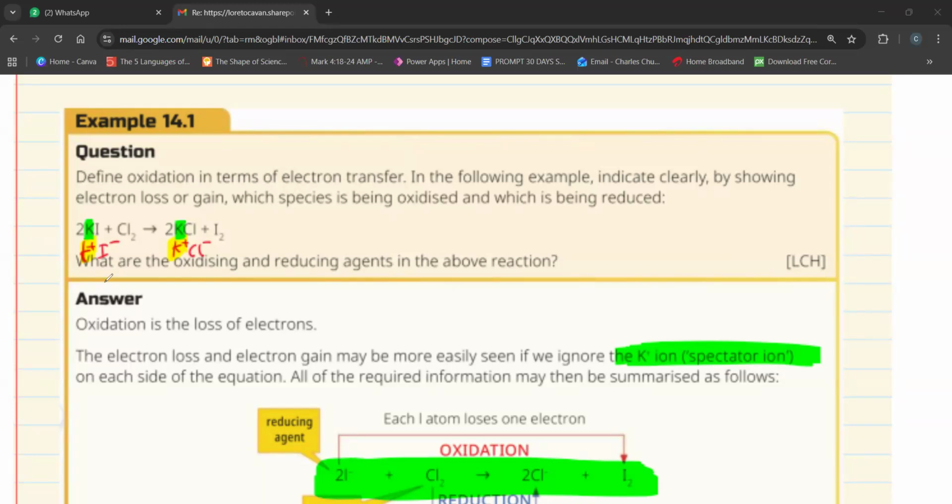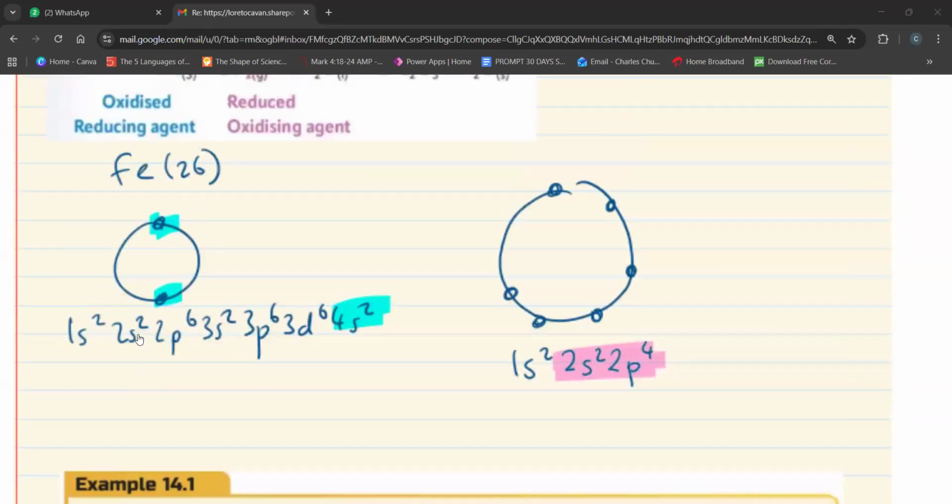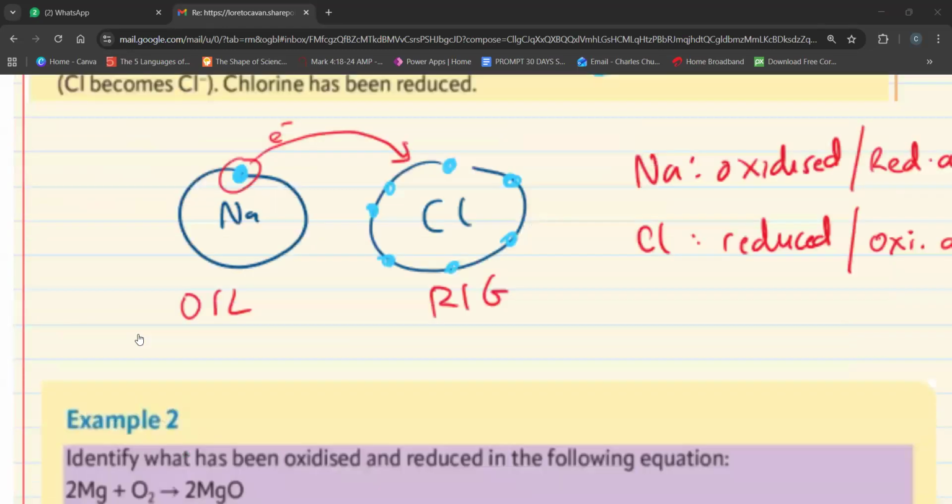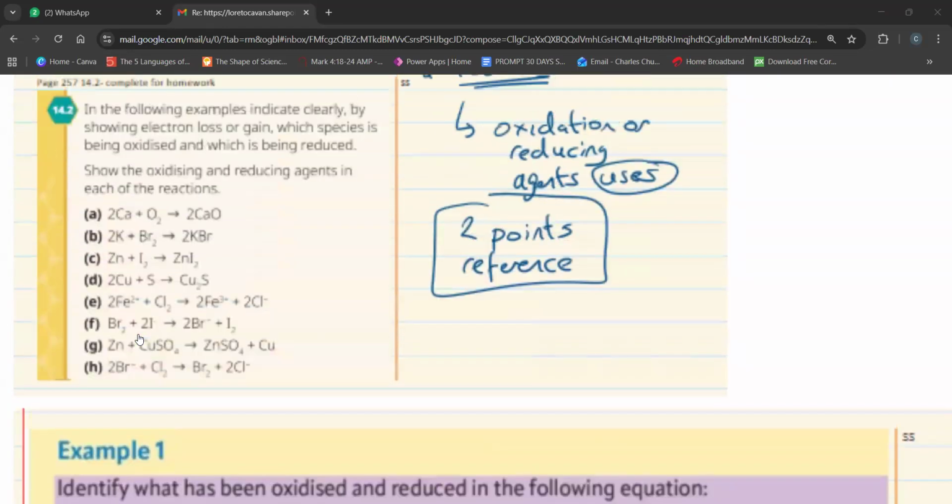Okay, this one. So what happened? Like the two Fe 2 plus, the way my teacher does the equation, sometimes I don't really understand how to solve some of this.